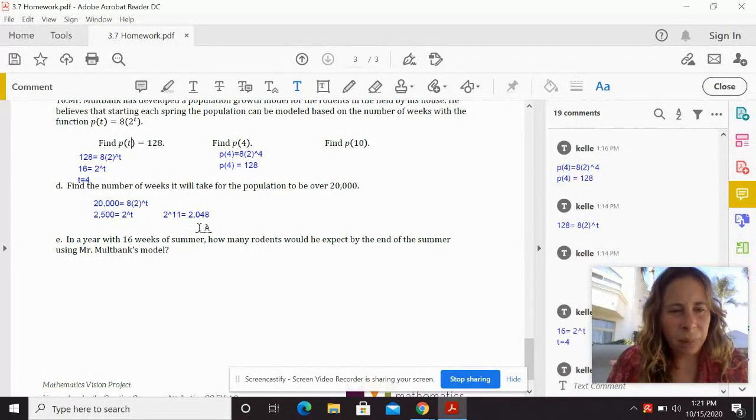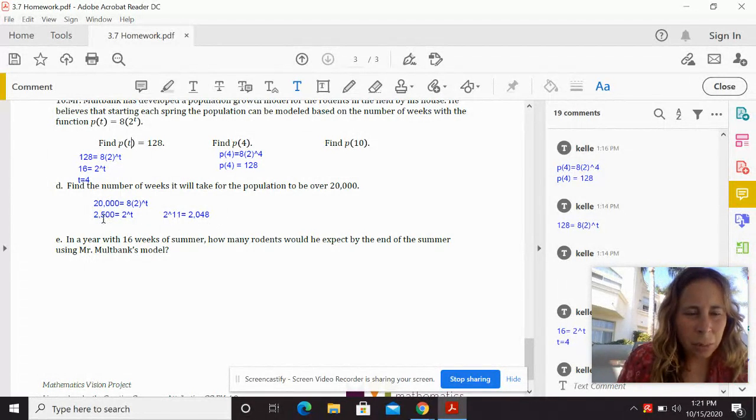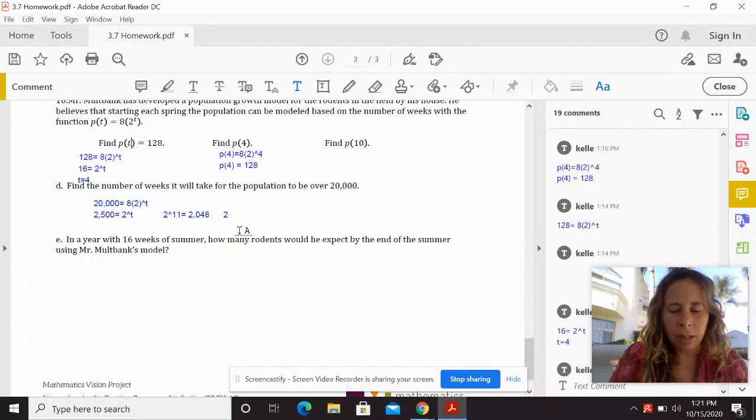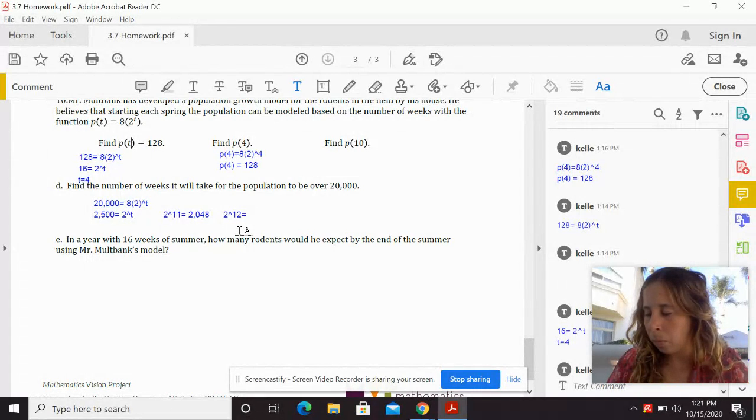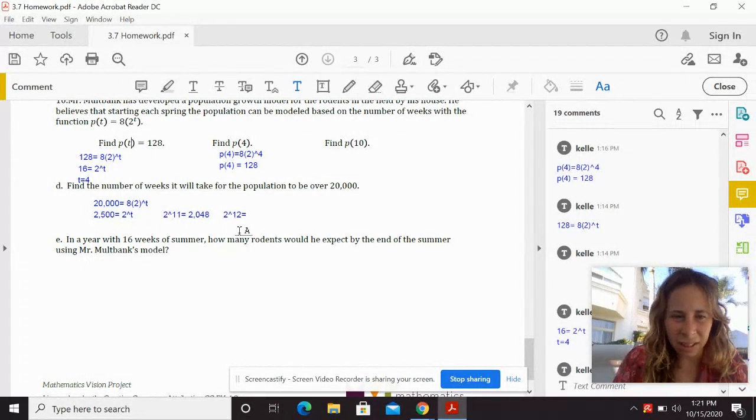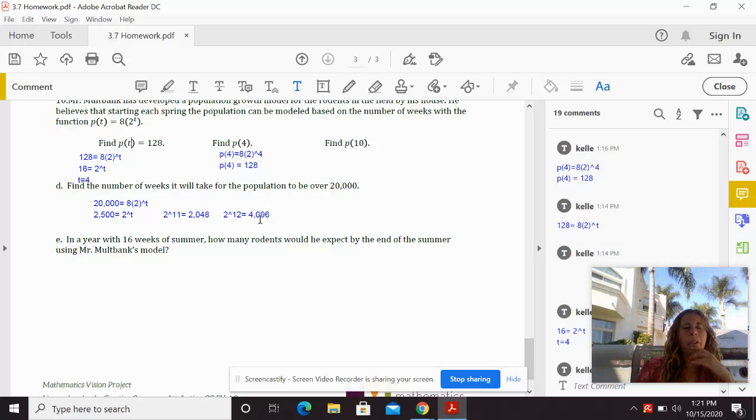Okay, so we were looking for it to hit 20,000, and that's not quite there. 2 raised to the 12th power was 4,096. Okay, so that's way above. So it will take somewhere between 11 and 12 weeks for it to be over 20,000.